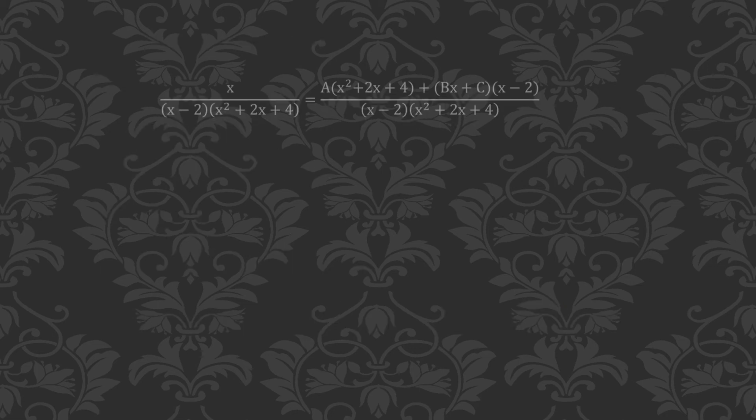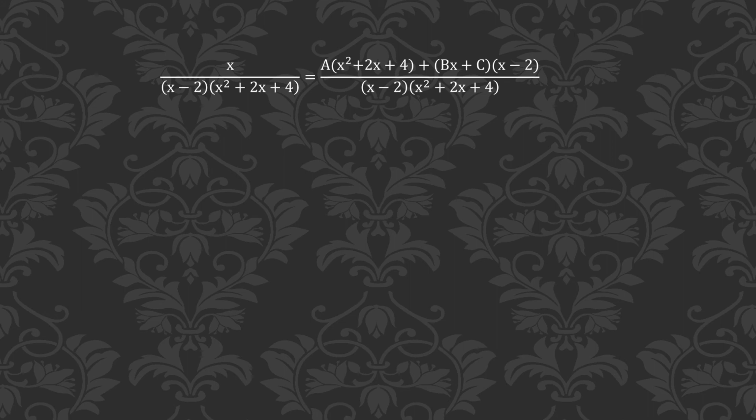Now on the right hand side of the equation 1, we'll simply do cross multiplication. Then we'll get the term as a into (x square plus 2x plus 4) plus (bx plus c) into (x minus 2). And the denominator will be as it is, x minus 2 into x square plus 2x plus 4.